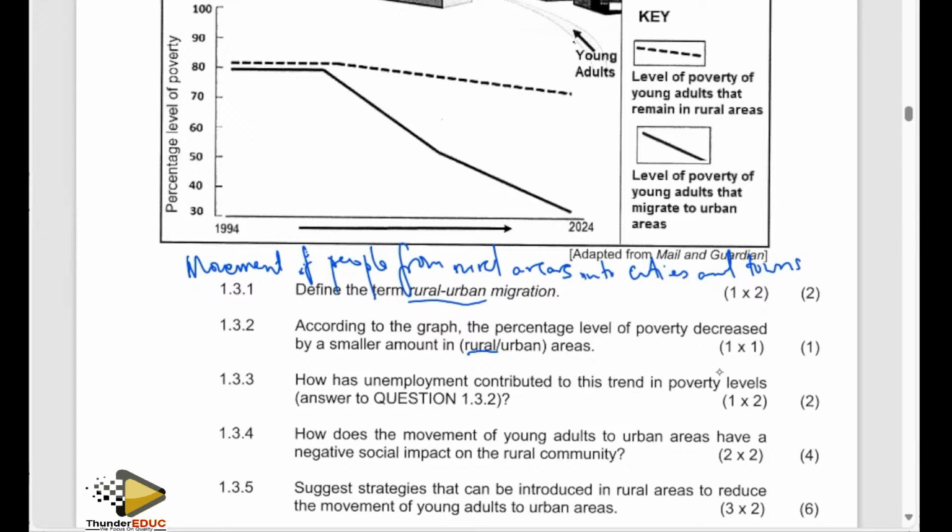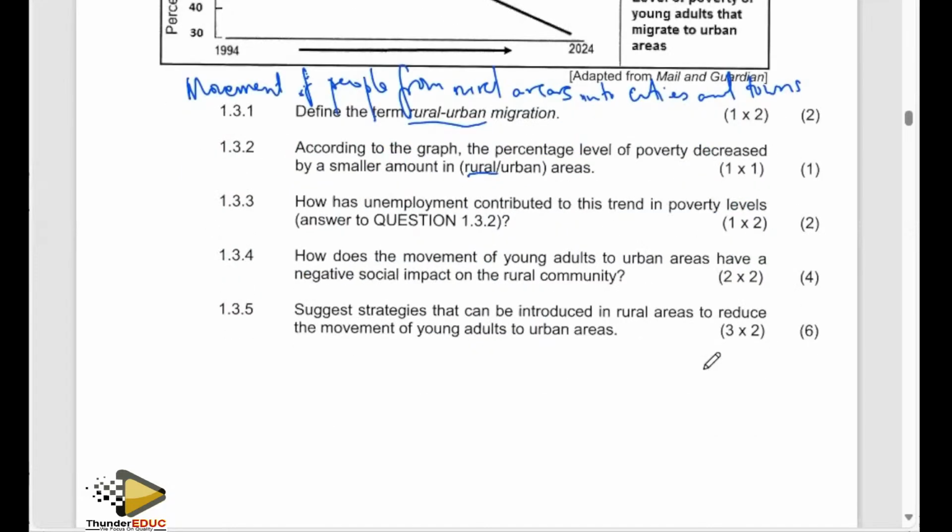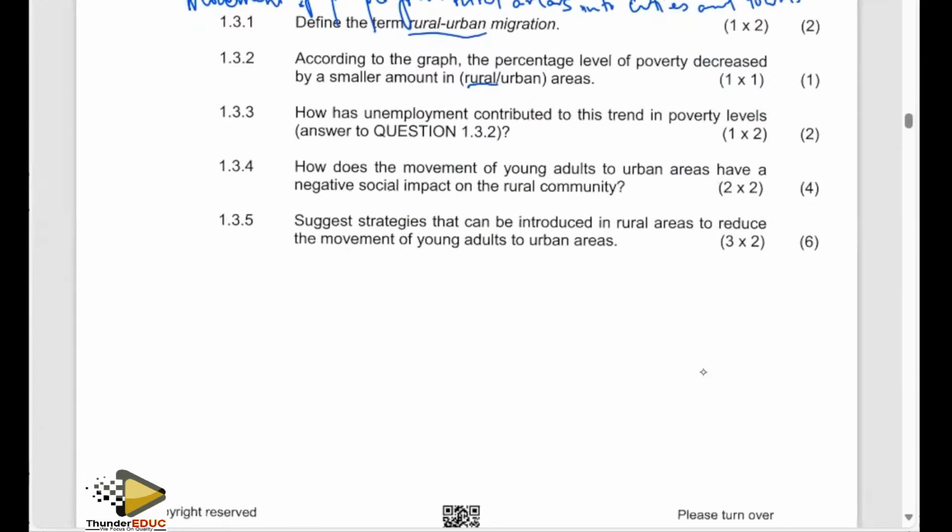How has unemployment contributed to this trend in poverty levels in question 1.3.2? Right, we are saying unemployment contributed to this trend. Why is it that unemployment is contributing to the trend of this small drop in the levels of poverty?